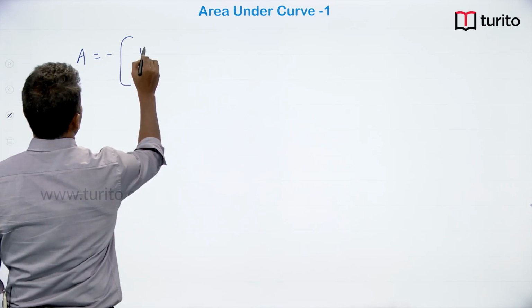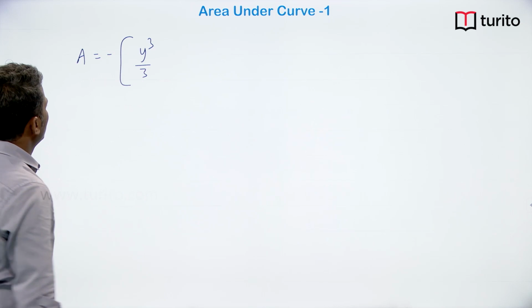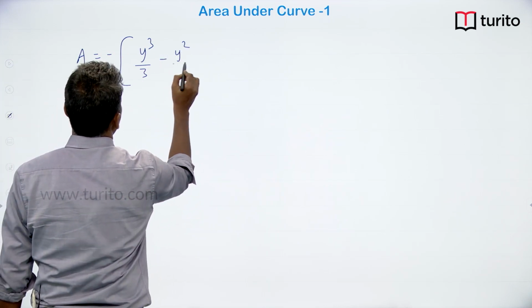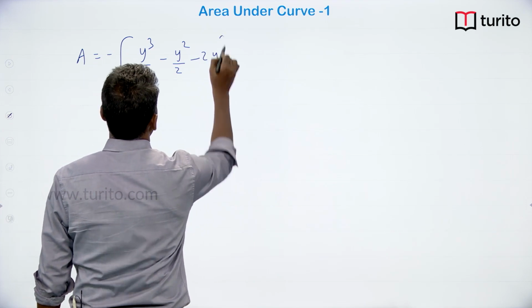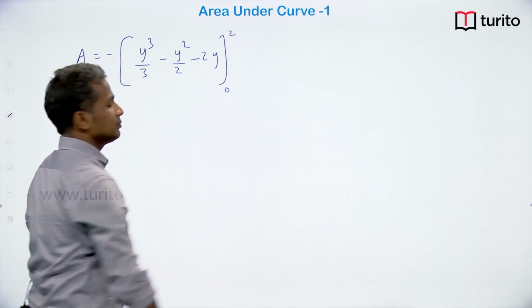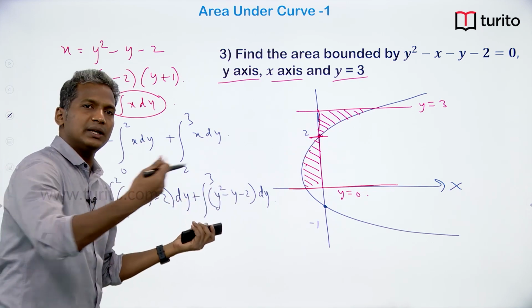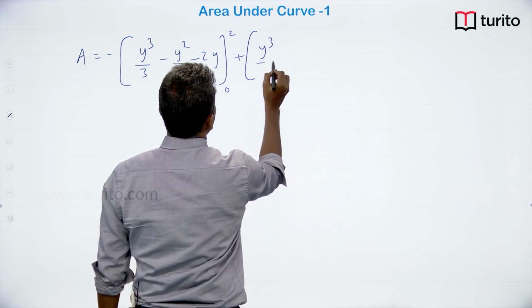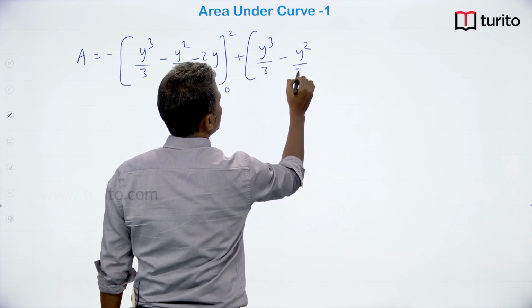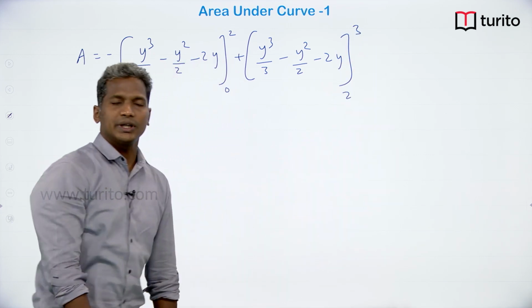We will get y cube by 3 as the integral of y square, the integral of y is y square by 2, the integral of minus 2 is minus 2y, and limits going from 0 to 2. The next one is also the same but with different limits: plus y cube by 3 minus y square by 2 minus 2y, with limits going from 2 to 3.